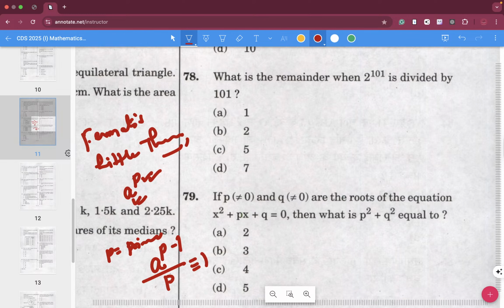So for 2 raised to the power 101, 101 is a prime number and 101 does not divide 2 either.